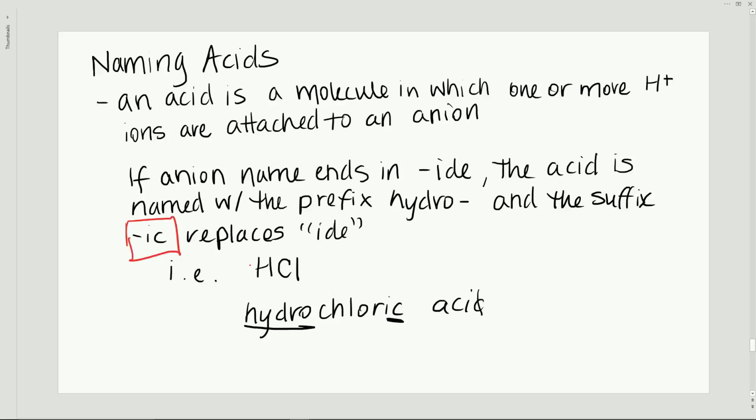Okay, so here we have HCl, and hydro is the prefix that we use, and the element name is chlorine, which is the anion, so we need to drop the "ide" and add "ic". So hydrochloric acid, HCl.